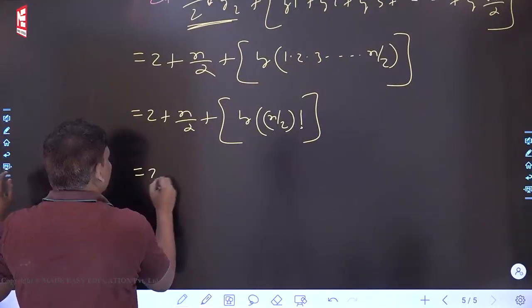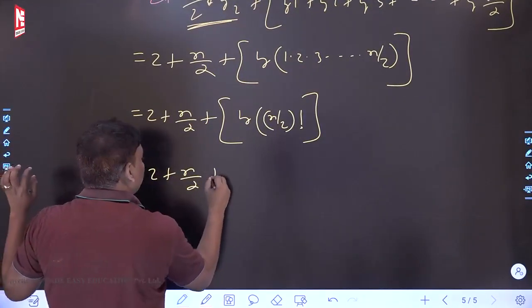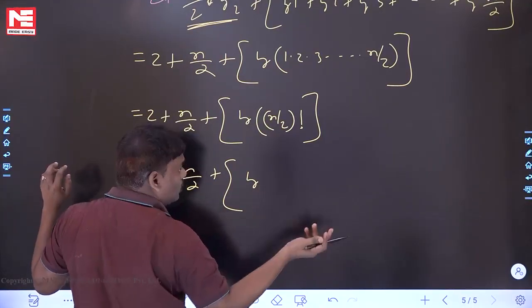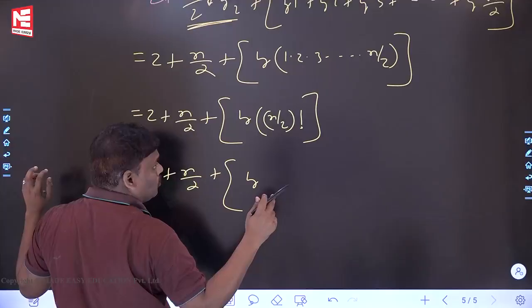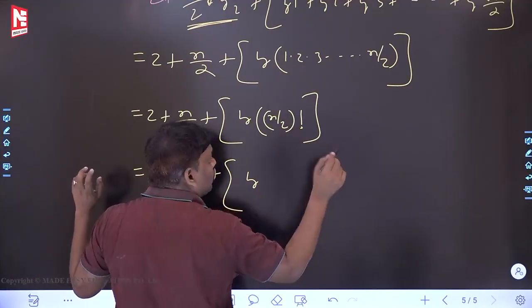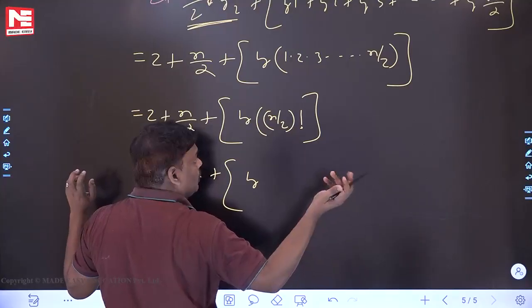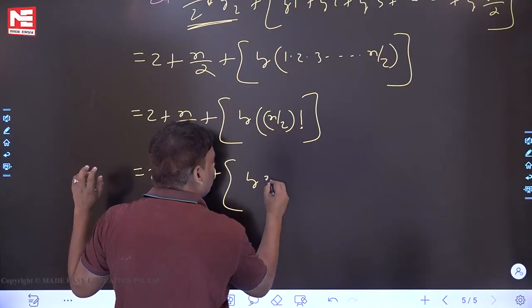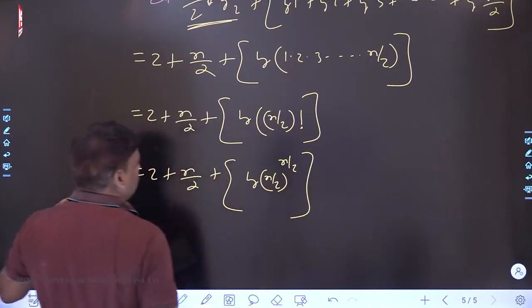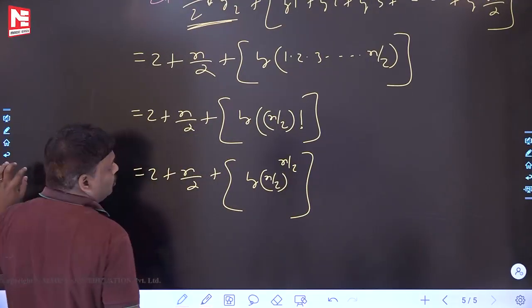Log n factorial's upper bound is log n power n, since n factorial's upper bound is n power n. So n by 2 factorial is log of n by 2 whole power n by 2. The upper bound I have written.